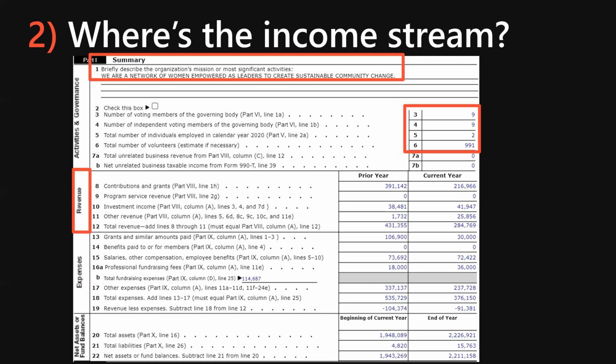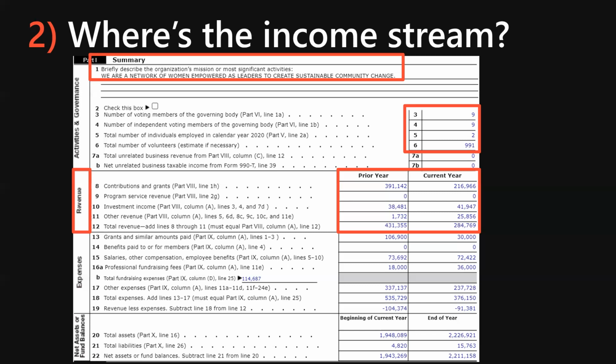And second, you can't see my mouse over here, contributions and grants underneath your revenue section. Prior year versus current year. Remember that date that we pulled from the top of the form. Two fiscal years ago is the current year that this report is pulling from, 2021.